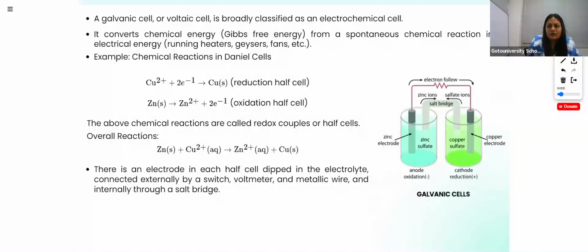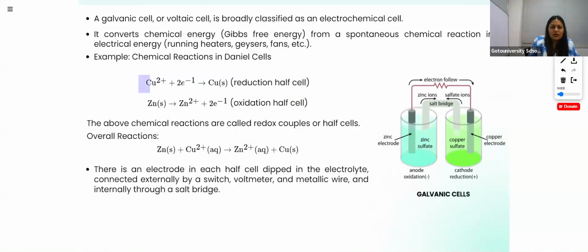Now, an example of chemical reactions taking place in this Daniell cell, or galvanic cell, or voltaic cell: two types of half cell reaction take place here, reduction half cell and oxidation half cell.